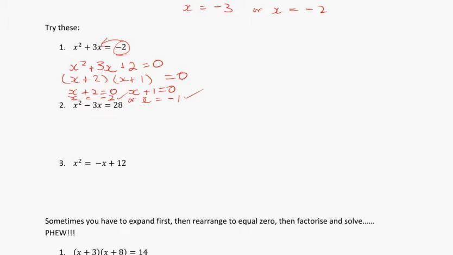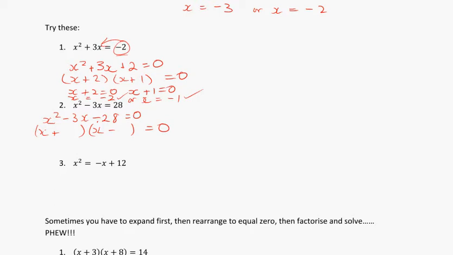Okay, rearrange first. X squared minus 3x minus 28 is equal to 0. Now it's equal to 0, we can factorise it. X, the signs are different because that's a minus. What two numbers multiply to 28 and have a difference of 3?